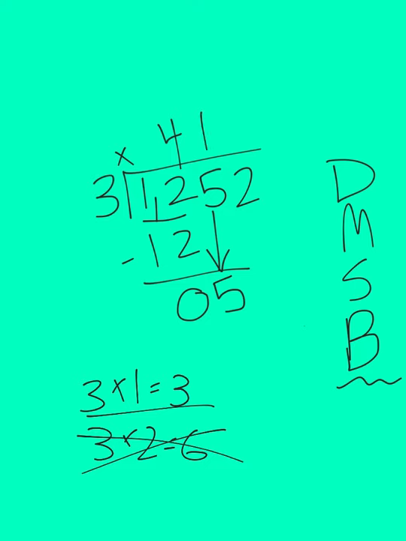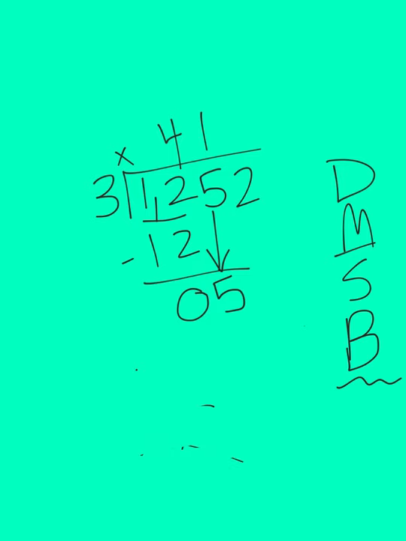And then we multiply 3 times 1, because we just wrote that 1 up there. So 3 times 1 is going to be 3. And now we're going to do our subtract step. So we're going to do 5 minus 3 is 2. And now we're going to do our bring down step.